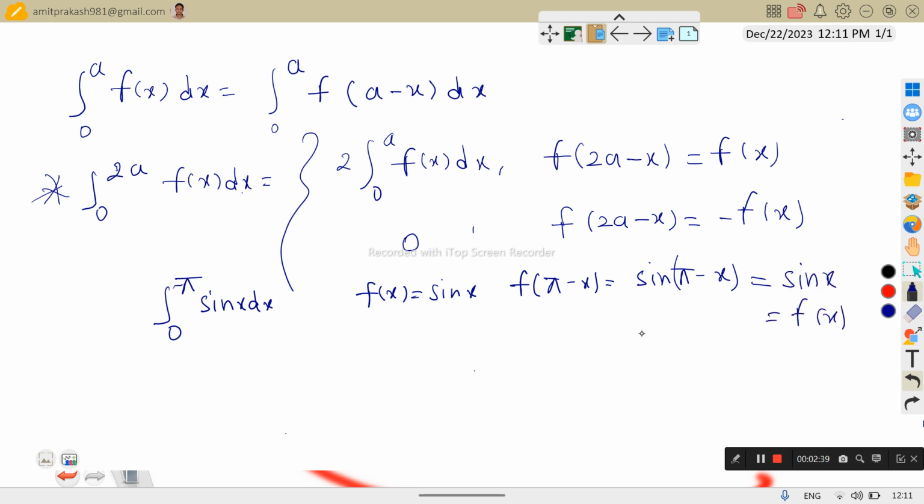So f(pi minus x) equals f(x). So by using this second formula, we can write it as 2 times integral 0 to pi by 2 sin x dx, where we halve the upper limit.